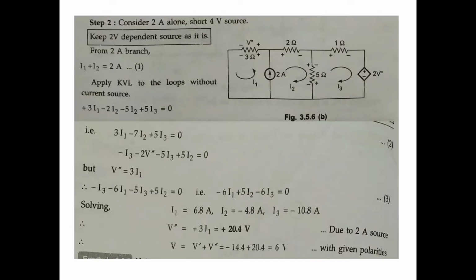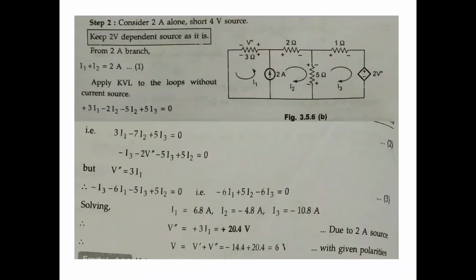Here also v double dash is 3i1, so substituting, it becomes plus 3i1, previously minus 3i1. 2 into 3, 6i1, 6i1 plus 5i2, 6i3 equal to 0.